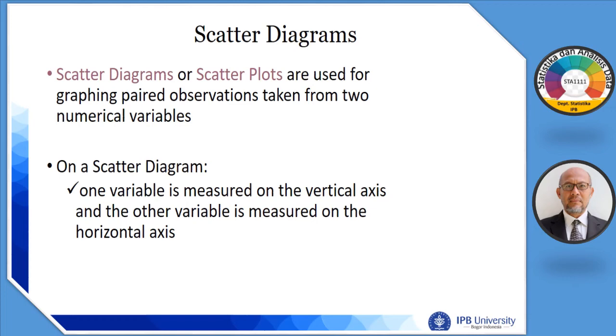On the scatter diagram, one variable is measured on the vertical axis and the other variable is measured on the horizontal axis, meaning that you can choose which variable will be placed on the horizontal axis and which variable will be placed on the vertical axis. Okay.